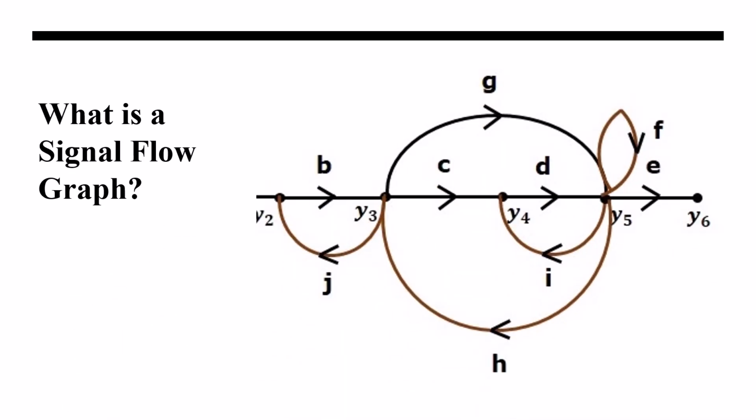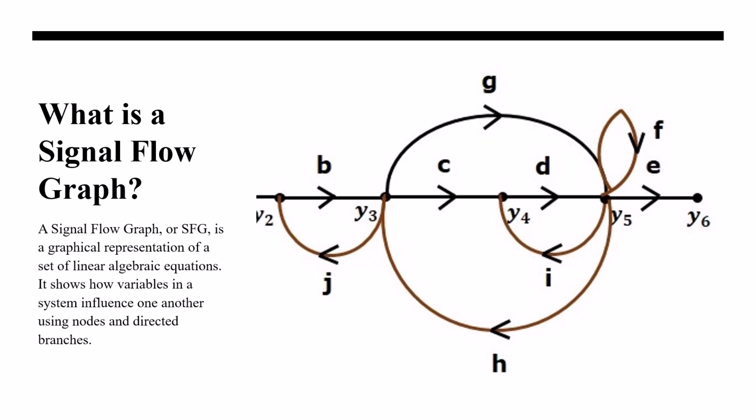And what is a signal flow graph? If you see this diagram itself, you can understand how a signal flow graph can be represented. A signal flow graph is a representation in a graphical way which is able to show linear algebraic equations. For example, here B, G, C, D, I, H, J are all related to some signal.